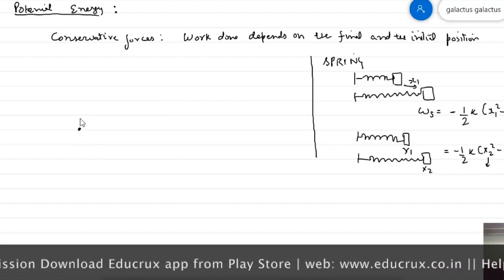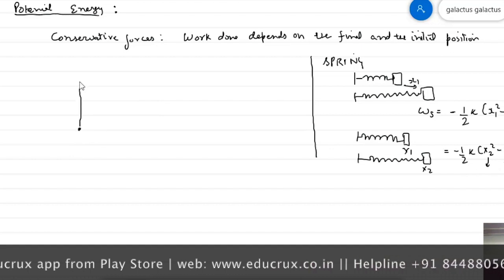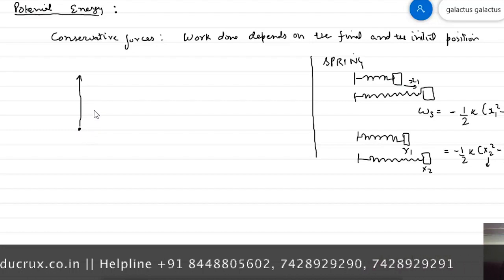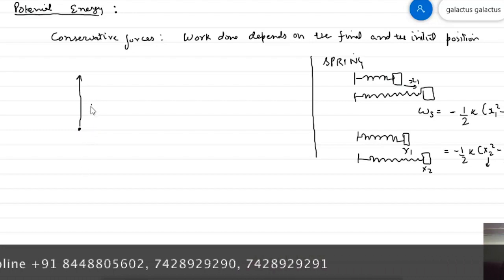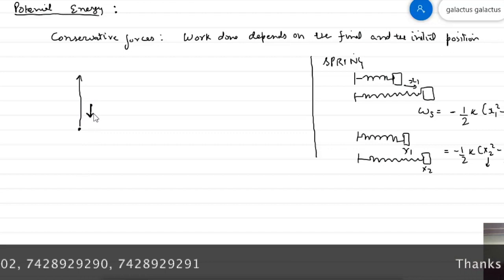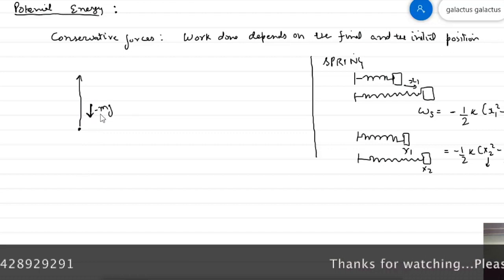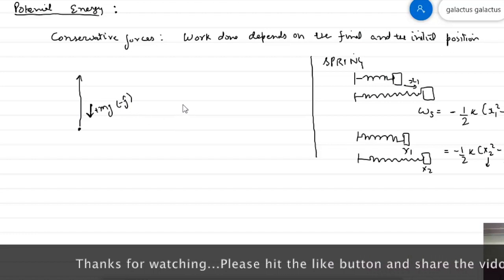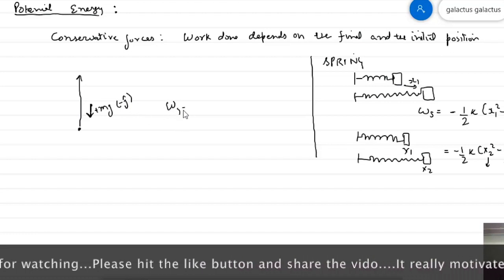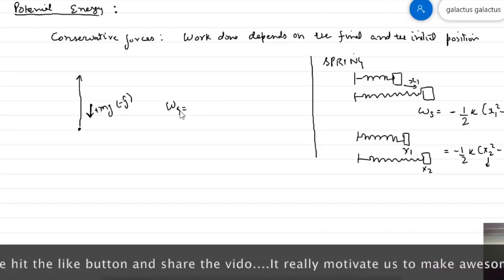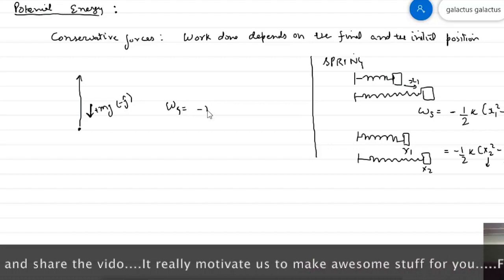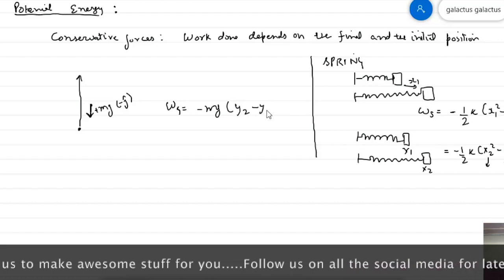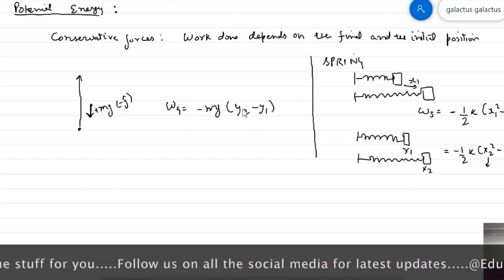Let us suppose I am throwing a body upward under the force of gravity, and the force of gravity is acting in the downward direction. So this is mg minus j cap. Gravity is acting downward. Then the work done by gravity is given by minus mg times y2 minus y1, where y2 is the final point.